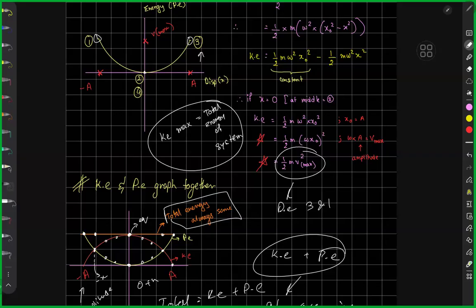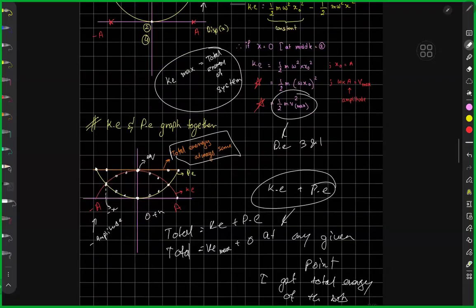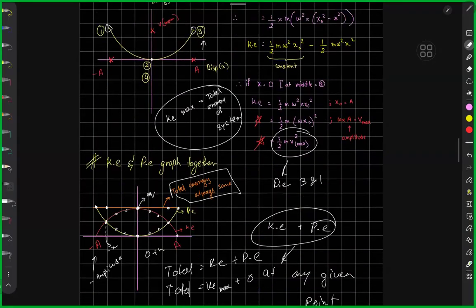Okay. Yeah, so technically speaking, yes, this is right. Whenever you have this statement that maximum kinetic energy equals the total energy of the system, in this case, yeah, it is right.